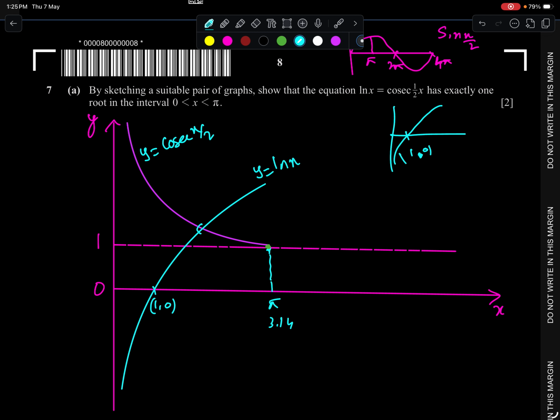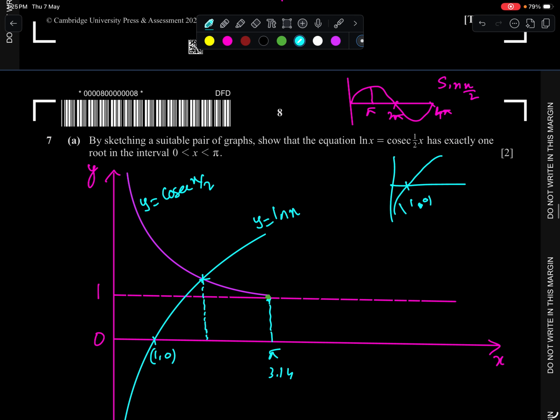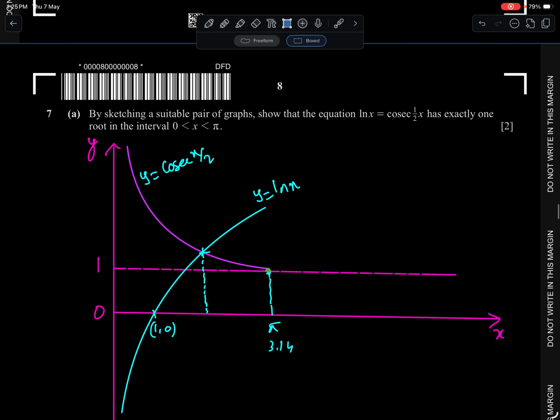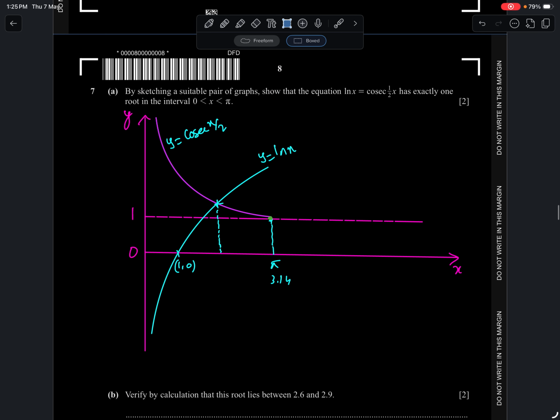And here is the solution, one intersection. So we had to show that this graph has just one solution in this interval. This is the intersection.